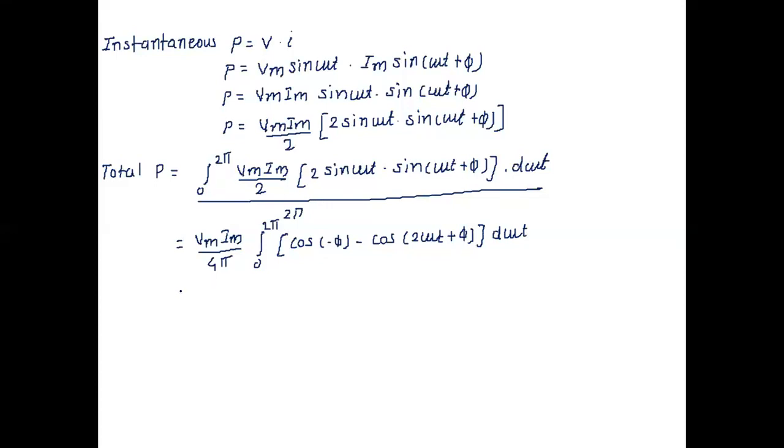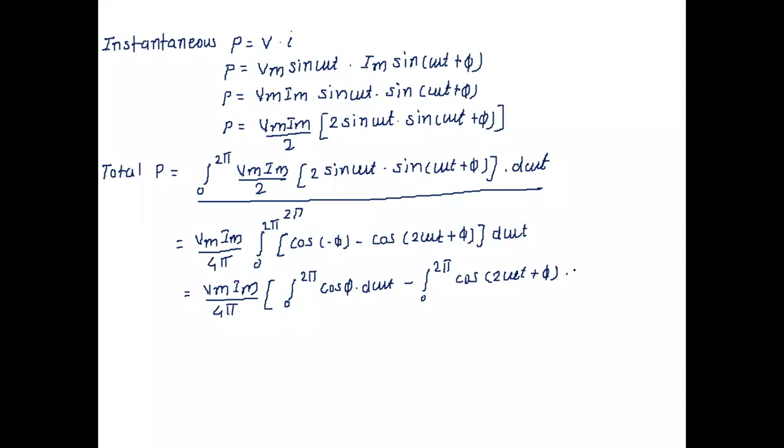And now if I take that individual integration here, Vm Im upon 4 pi. Now in bracket I can take integration of 0 to 2 pi cos phi into d omega t minus integration of 0 to 2 pi cos of 2 omega t plus phi into d omega t.